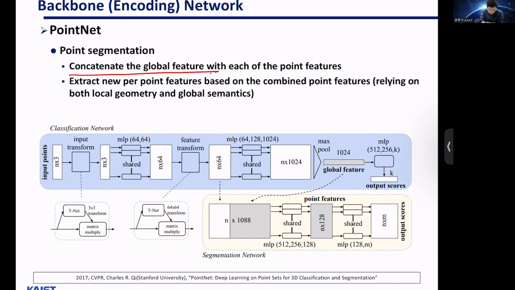it concatenates the global feature with each of the point features and extracts new per-point features based on the combined point features.